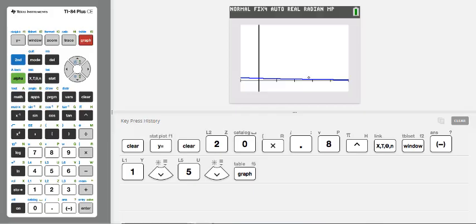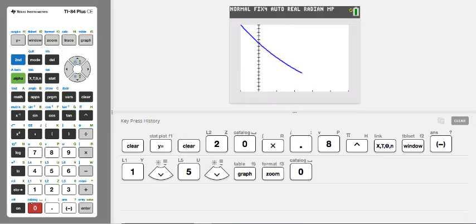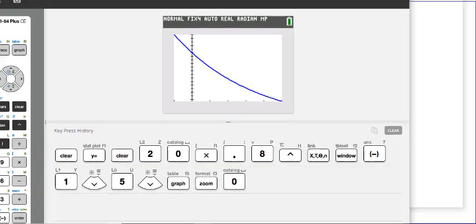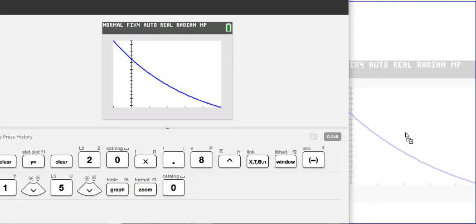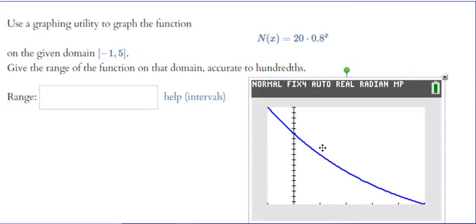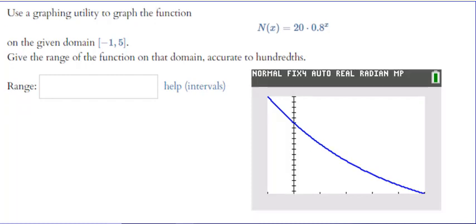So I'm going to come back and zoom 0 is what I want. When I hit zoom 0, that takes my x-axis, which is from -1 to 5, and it gives me all the outputs. If I move this over, it can help you to see some things.